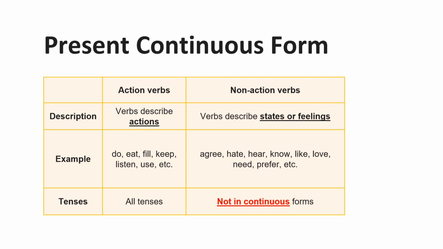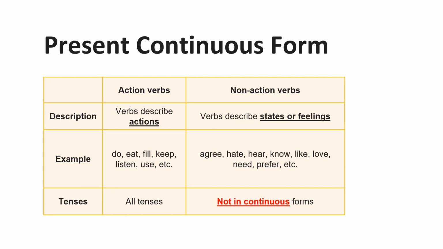When I love something, I'm not doing anything actually. I just feel that way. Or when I need something, I feel it. Or maybe that's my state. When I agree with someone, I'm not doing anything. That's just my opinion. So we call them non-action verbs.